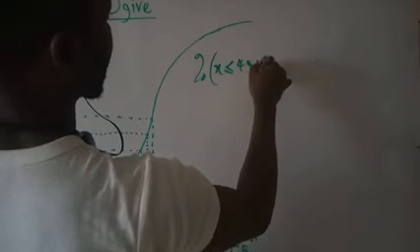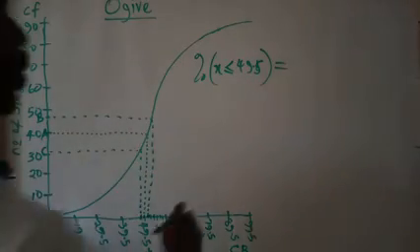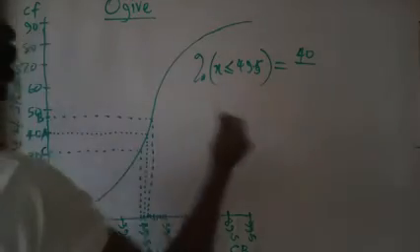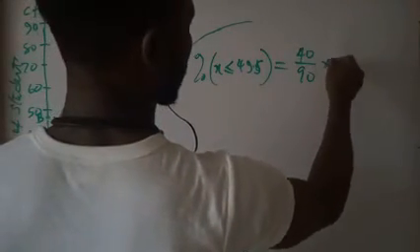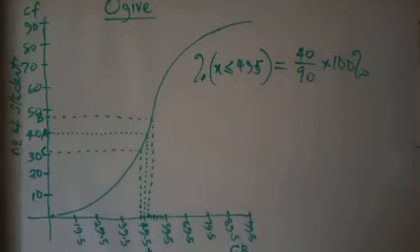In this case, we said people that scored at most 49.5 was 40. That will be 40 over 90, then you multiply by 100%. Whatever you get becomes your answer percentage.